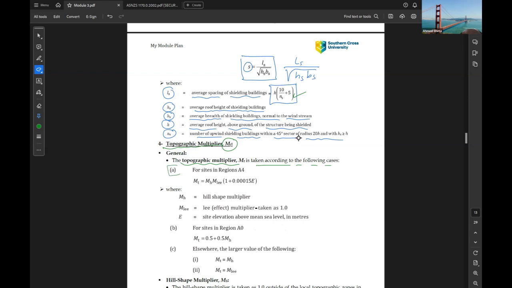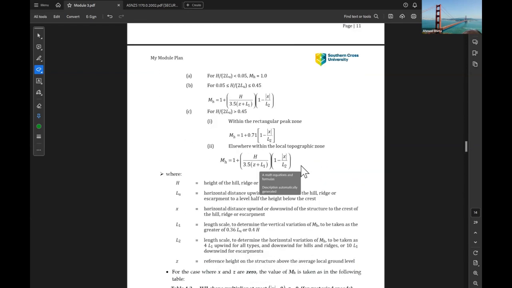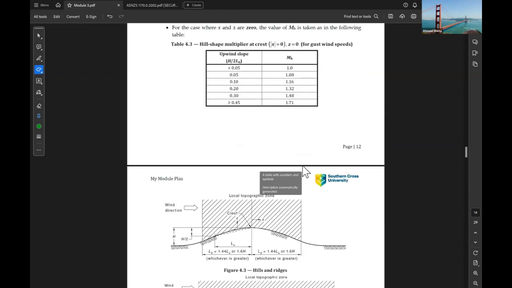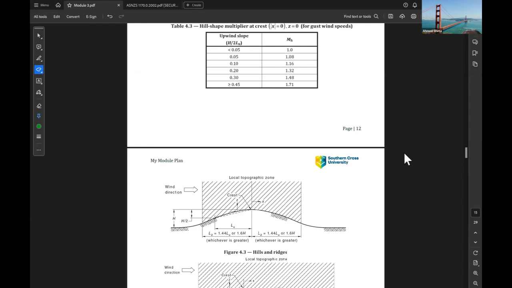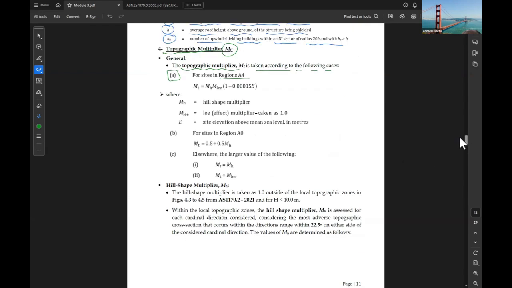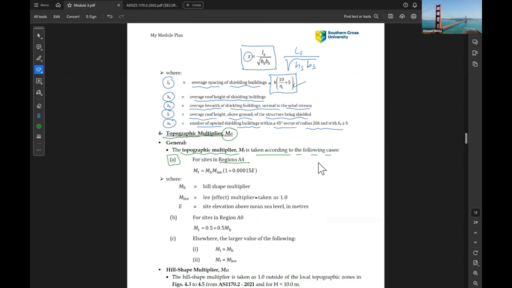So we have some cases for sites in region A4. Okay, and for sites in region A0 and elsewhere, the larger value of the following.